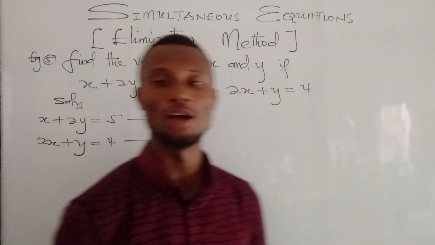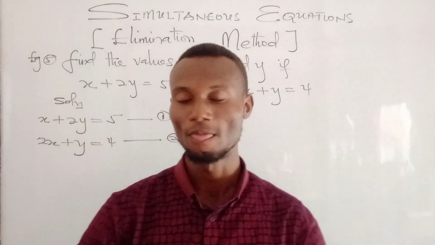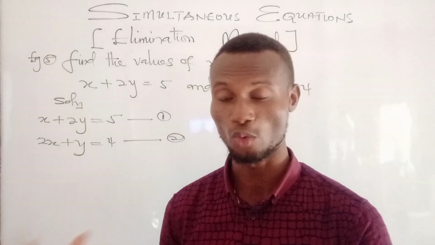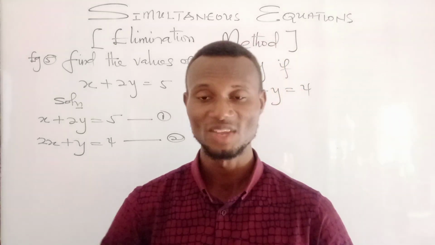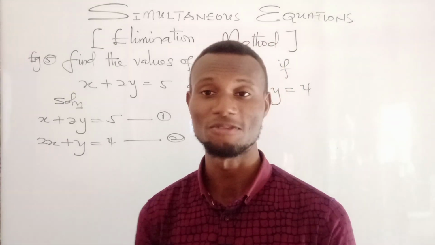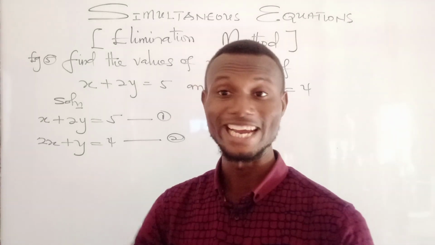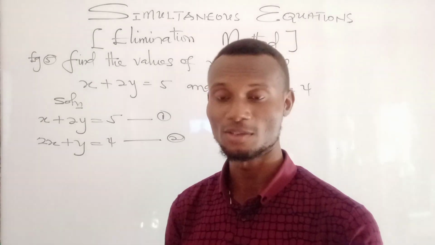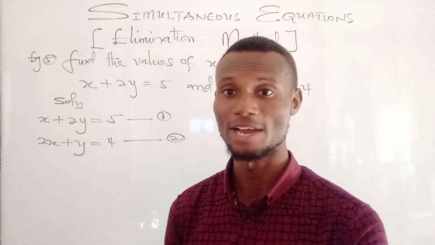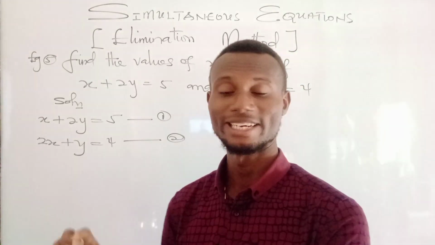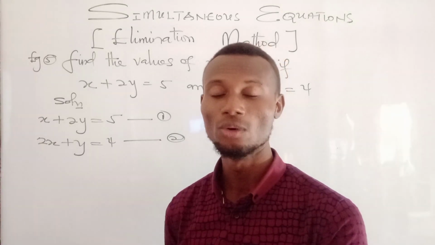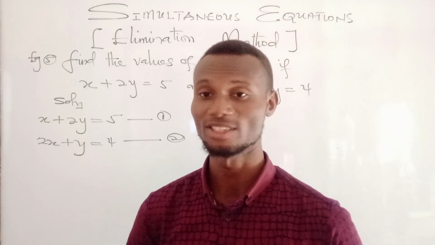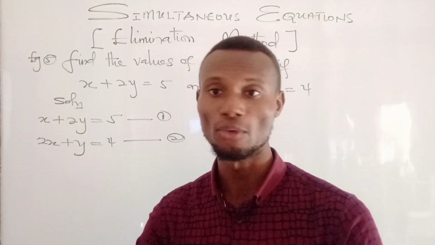Now I'm going to show you how to go through the elimination process to solve this simultaneous equation. I've explained to you that the elimination method simply refers to a way of eliminating one of the variables from the equations, so that it will be left with only one variable. Then we'll solve and get the value for it. After getting the value for that variable, we'll substitute that value into any of the equations to find the other variable as well.